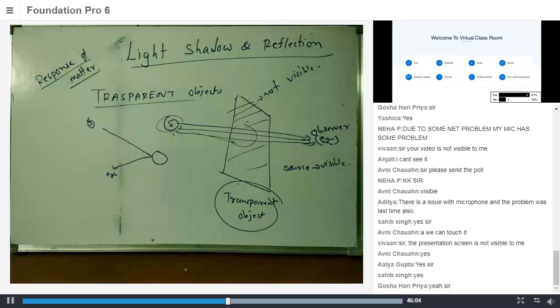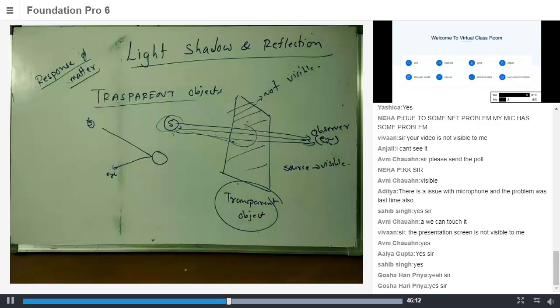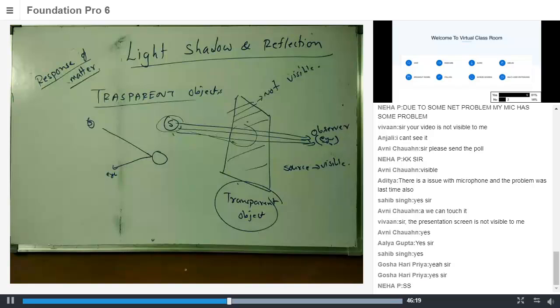No, sir, it is visible, because it is not perfectly transparent. If it is a perfectly transparent glass wall, a common situation happens: sometimes if there are big glass walls you go and hit them because you feel there is nothing there, but when you hit them you understand that there is a glass wall.